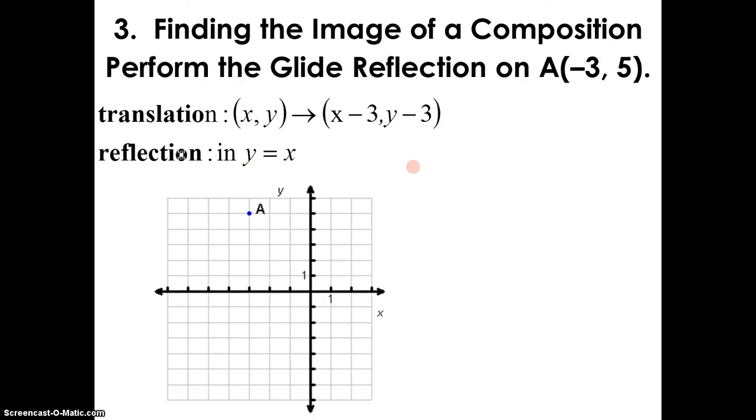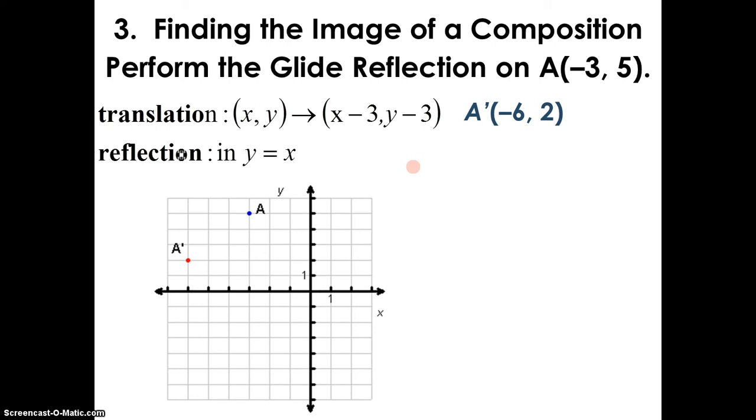On this third example, we are trying to find the image of a composition, and we are going to perform this glide reflection. Remember, a glide reflection means we did a translation, then a reflection. So we're going to take the point A, and we're going to conduct that translation. If we do that, we get the point -6, 2.